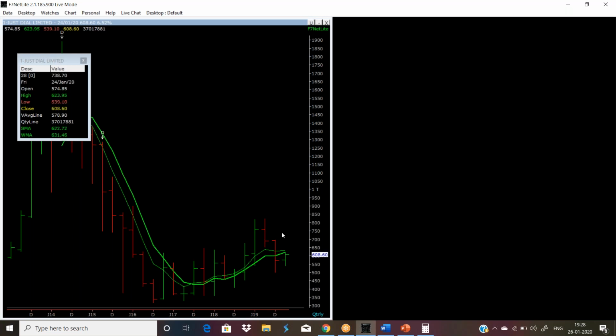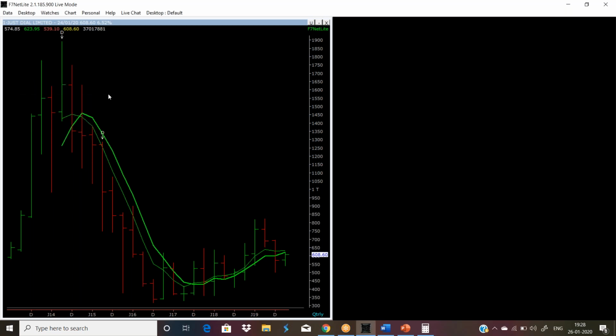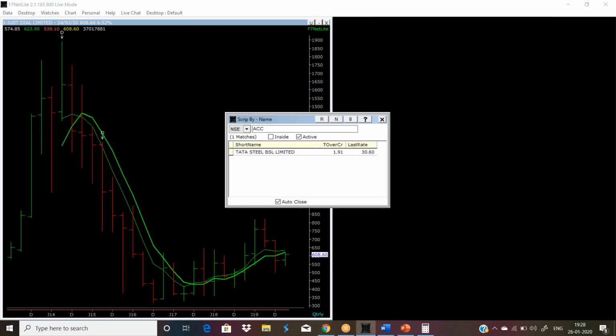If you use an average of 30, suppose it is 30 bars, meaning 30 close prices, and you calculate these 30 close prices of the stock ACC, then where will it go?